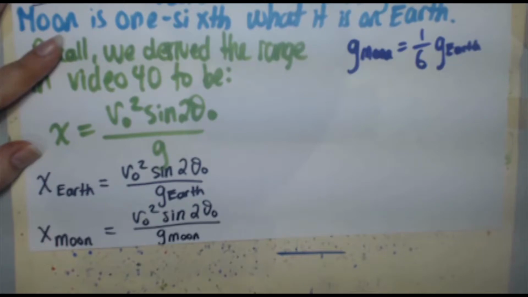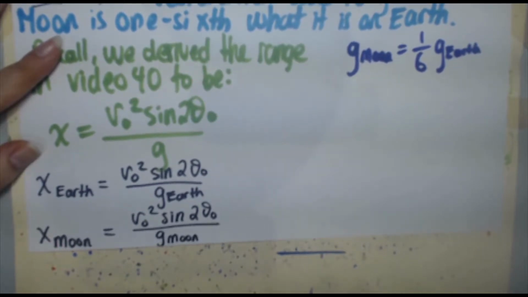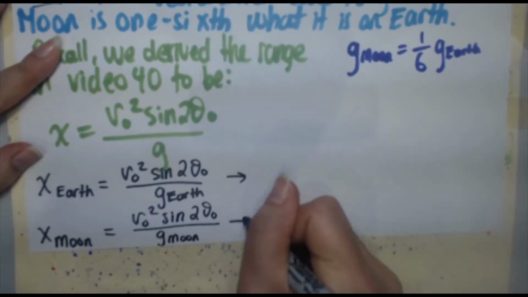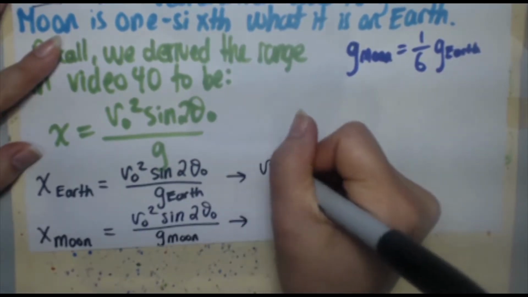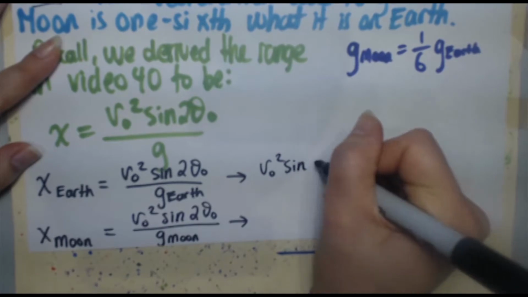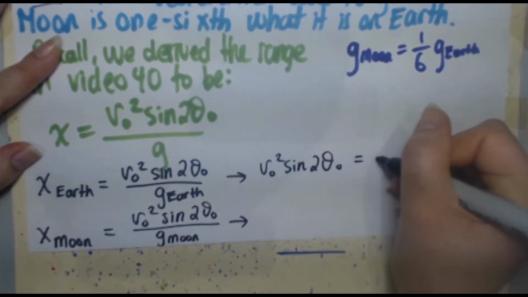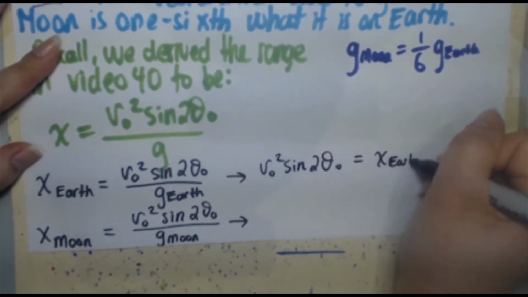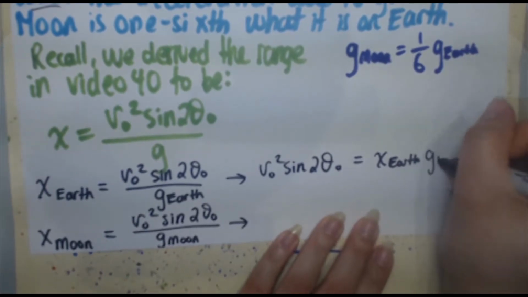Okay, so we got those two formulas. Next thing I want to do is simplify this a bit. I'm going to take the g Earth and multiply it on both sides, so I just get a statement and I don't have a quotient here. So let's rearrange these two equations to get v naught squared sine 2 theta naught equals x Earth g Earth.